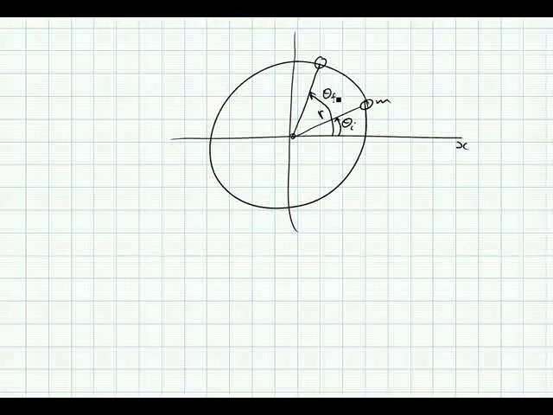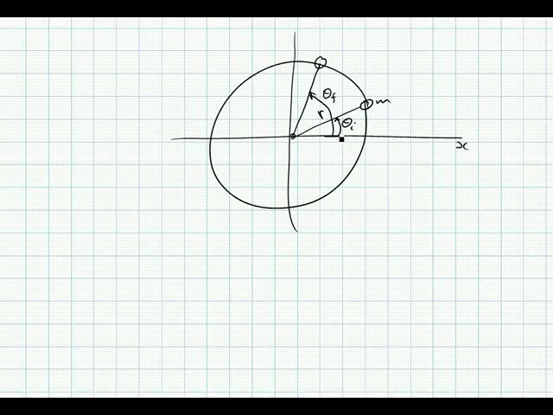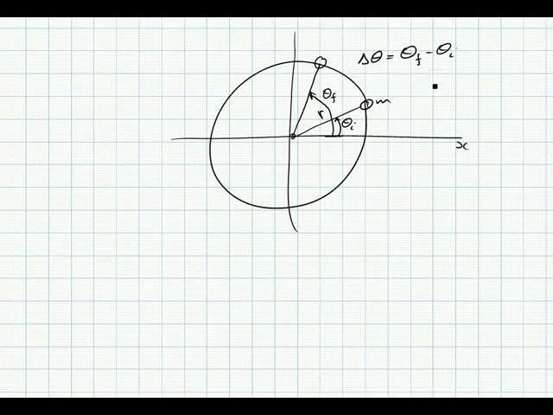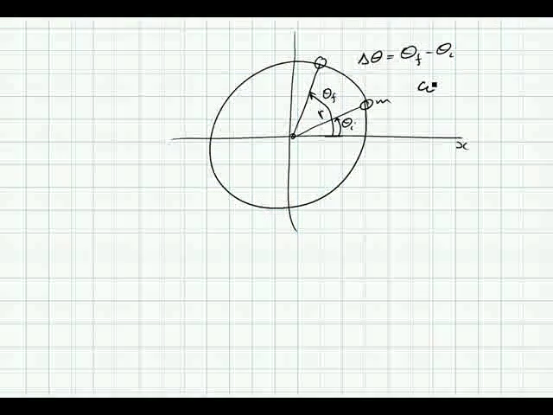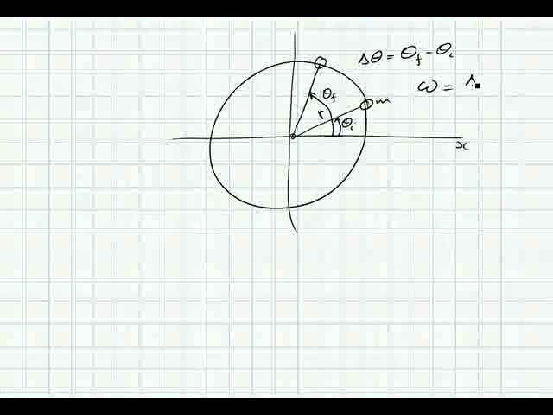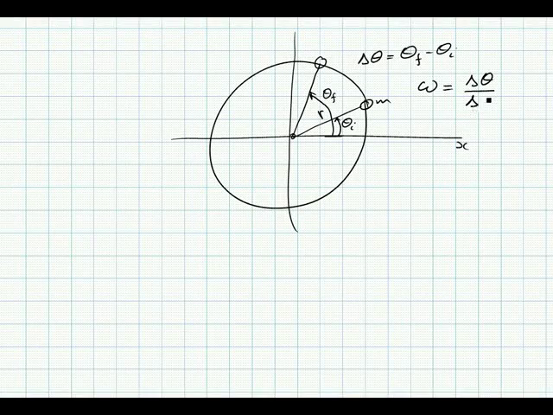Notice that both angles are measured with respect to the same coordinate. Then the angular displacement delta theta is simply theta final minus theta i. If the object makes this angular displacement in time delta t, then the object's angular velocity omega is simply delta theta divided by delta t.